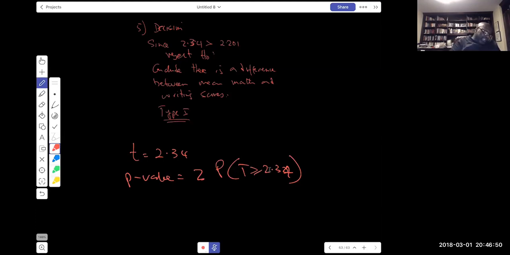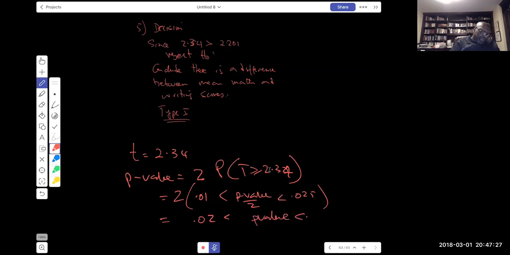So in this case, this is twice the half p-value, between 0.01 and 0.025. If I multiply that by 2, it takes away the 2 under the p-value, so it will be that this is between 0.02 and 0.05, and the p-value is less than 0.05.